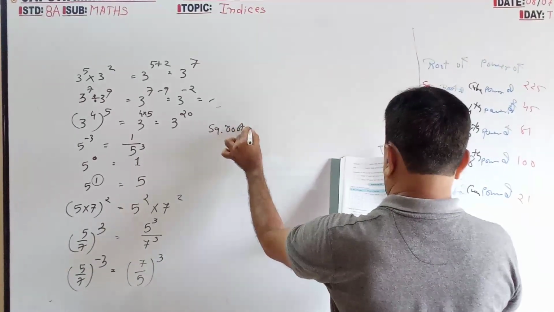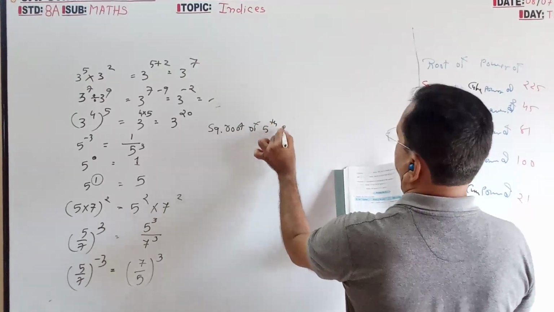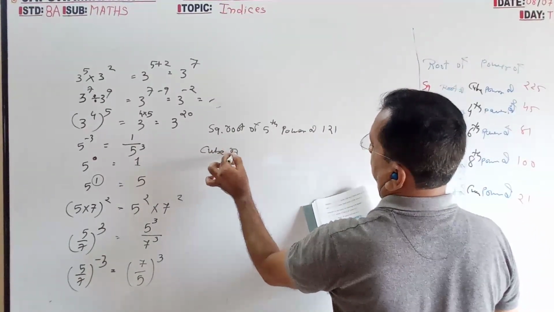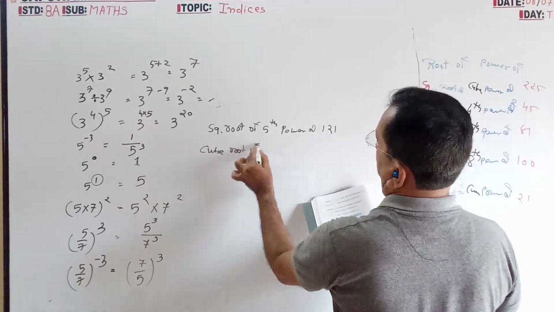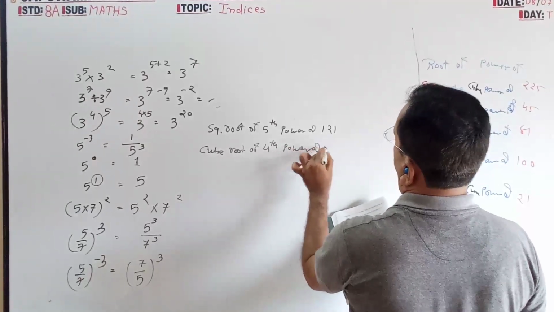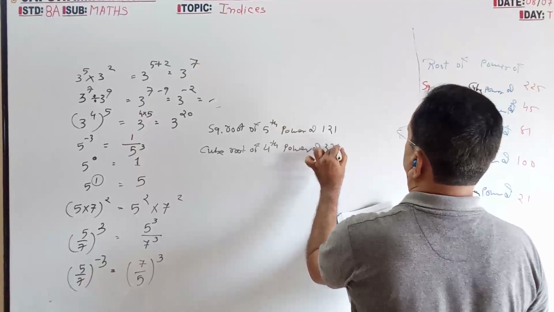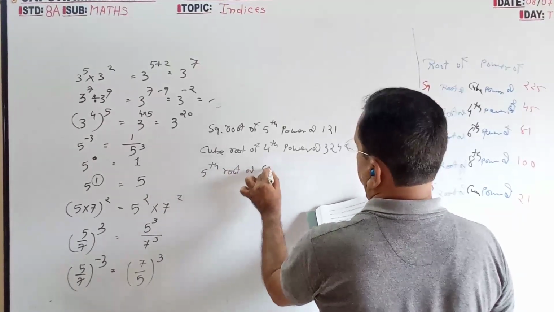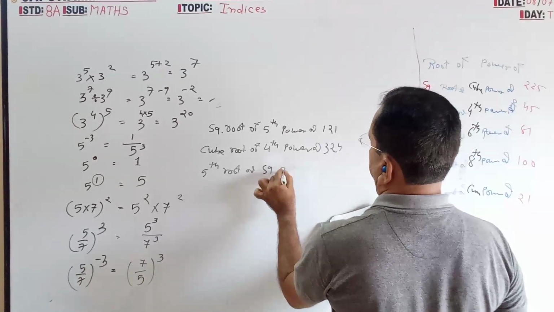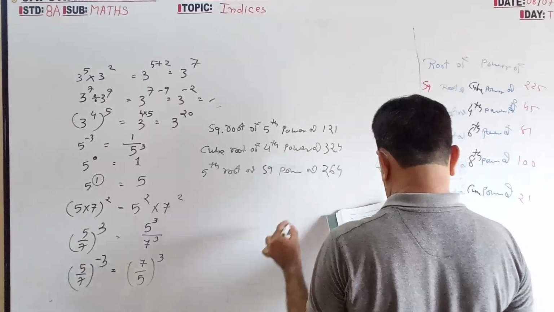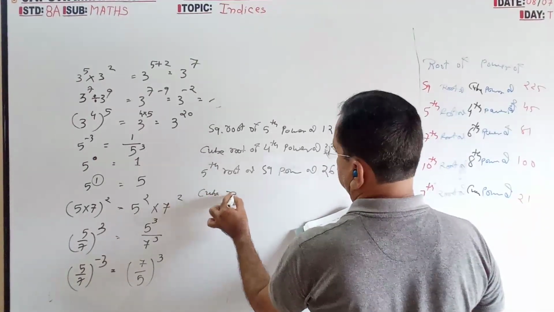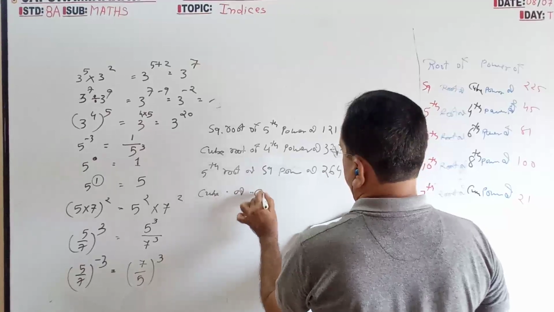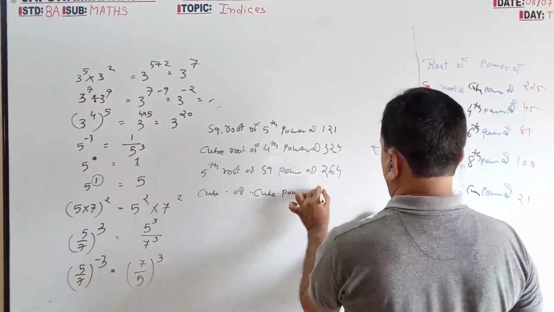Square root of 5th power of, cube root of 4th power of 3 to 4. 5th root of square root, square power of 264, cube root of cube power of 3.